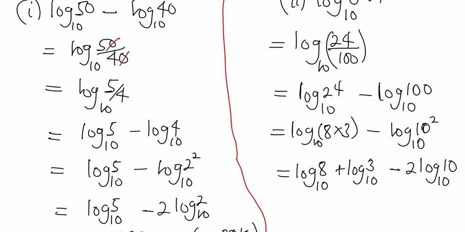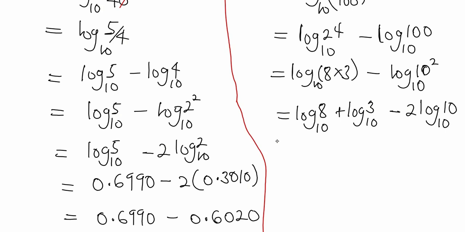Now if that continues, then we can see that 8 can also be expressed as 2 exponent 3, that is a base and exponent. So we have the logarithm of 2 exponent 3 base 10 plus the logarithm of 3 base 10. Now we said that the logarithm of a number to the same base gives us 1. So for log 10 base 10, we are going to get 1 here.